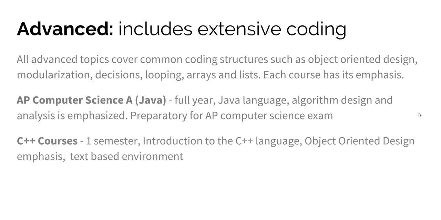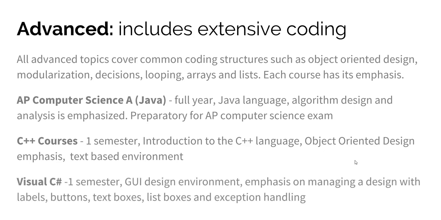The C++ class is mostly in a text-based environment, and students will also learn object-oriented programming design throughout the year. There is an extensive amount of coding, and depending on which building they're in, students may or may not have that one for DMAC credit, and the same with Visual C#.